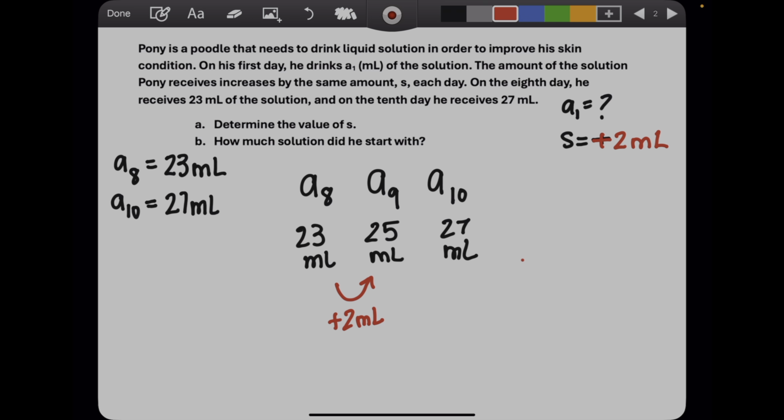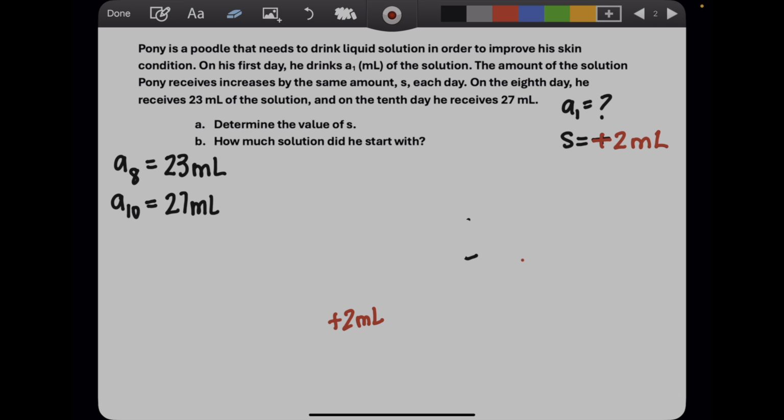The next step is to find a sub 1. To find the starting amount, a sub 1, we substitute what we know into the formula for an arithmetic sequence, which is a sub n equals a sub 1 plus n minus 1 times S in this case, which is our common difference.